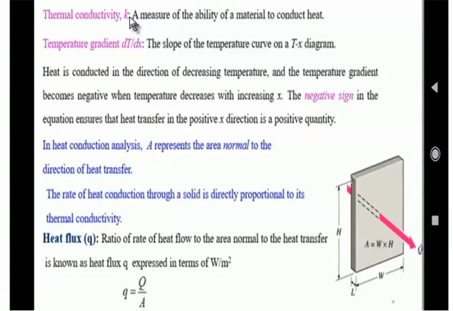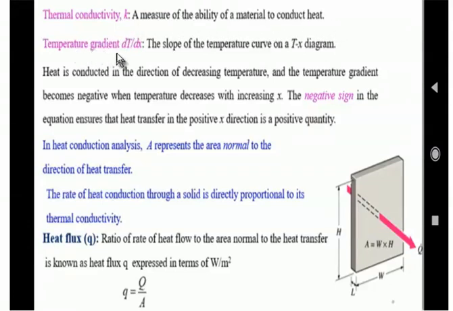If the material has a lesser thermal conductivity value K, the material gives us a low rate of heat conduction, a low rate of heat flow. That is the thermal conductivity, a measure of the ability of a material to conduct heat, denoted by K.